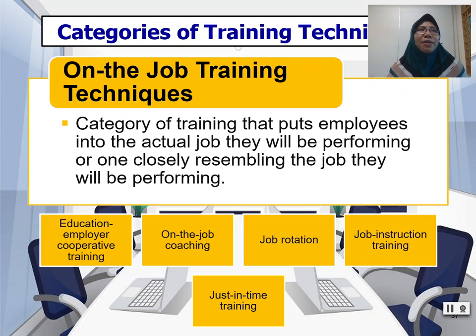In other words, when you come to your new organization, you do not have the training yet, but they just put you on the task. So you are going to learn and practice the technique on the job. This is what we call on-the-job training.